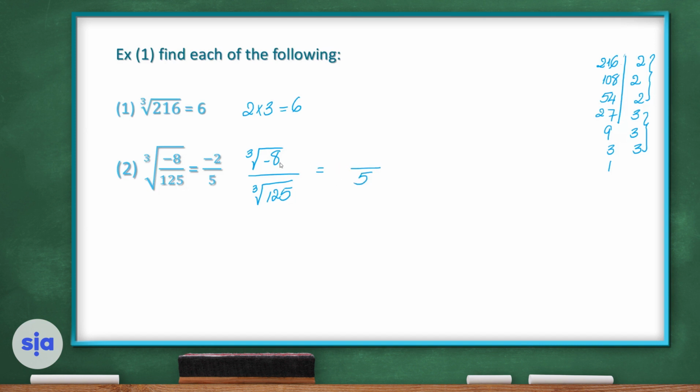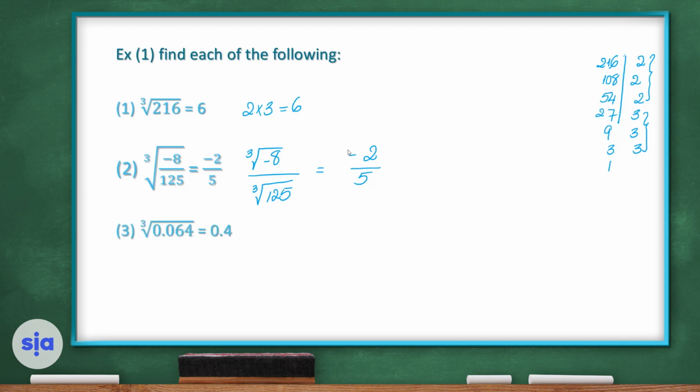And here, this one is negative under the root, so it's negative outside the root. And then the cubic root of 8 is 2. How did we know that the cubic root of 8 is 2? What number multiplied by itself 3 times equals 8? 2 times 2 is 4, times 2 is 8. Then the cubic root of 8 is 2. Since in this question it's the cubic root of negative 8, it will be negative 2.